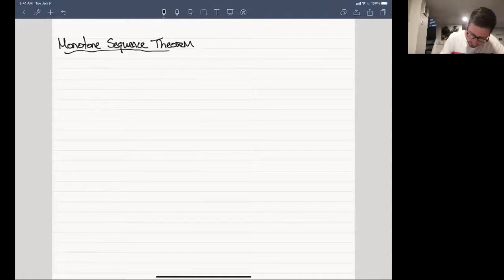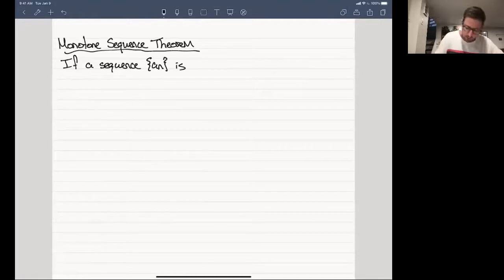And basically what this says is that if a sequence an is bounded and monotonic, so putting both of the definitions that we learned in this video together, bounded and monotonic, then the sequence converges.